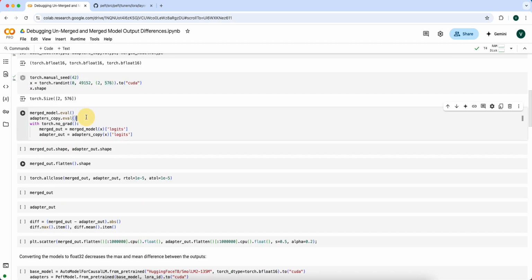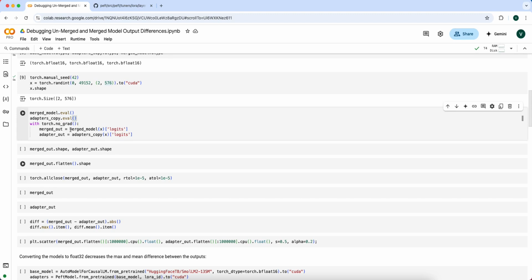Okay, cool. The key thing here is you want to make sure to always do .eval, because otherwise you can get false negatives even though two models are the same and you expect the same output. If you don't do .eval, it will not turn off the dropout layer and you'll get some non-deterministic behavior.